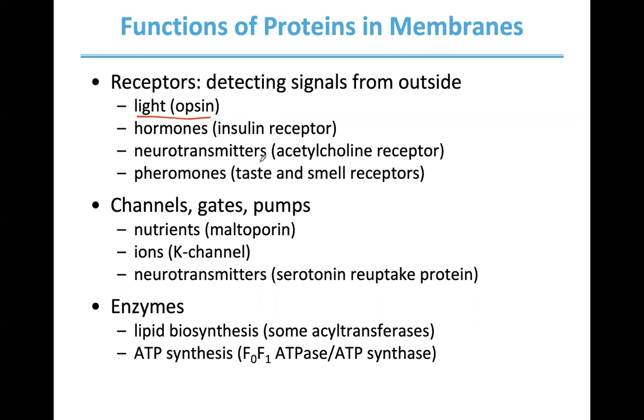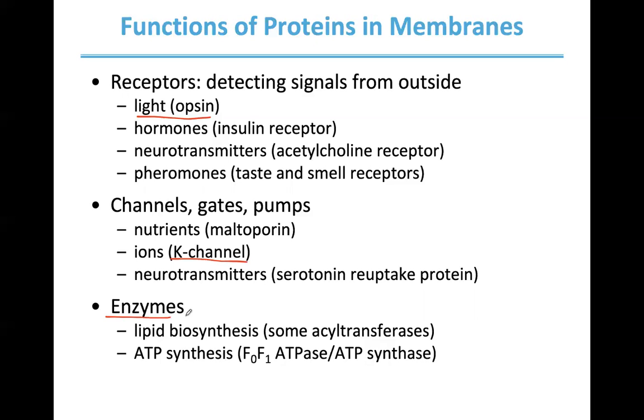Neurotransmitter receptors respond to acetylcholine. Pheromone receptors respond to taste and smell. Different channels, gates and pumps respond to nutrients and ions, for example potassium ion. We'll talk about ions on Monday, I think.